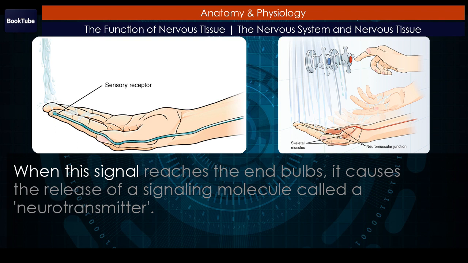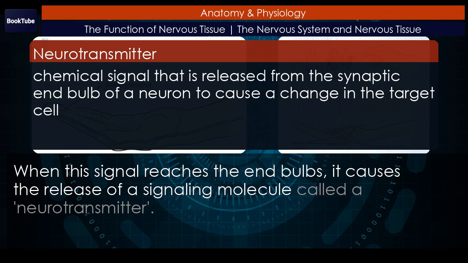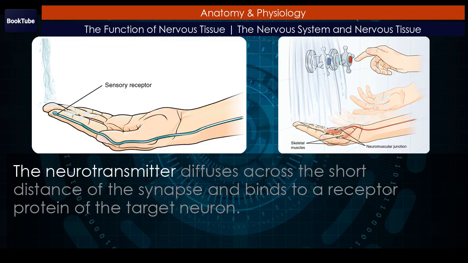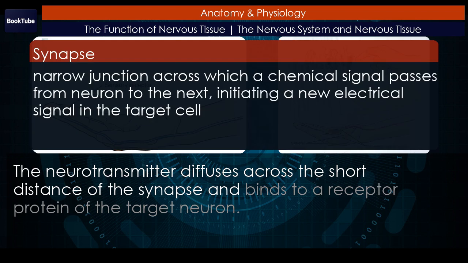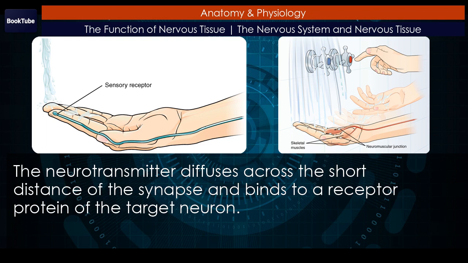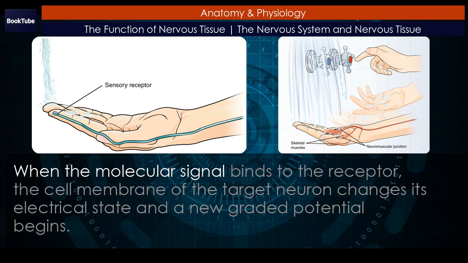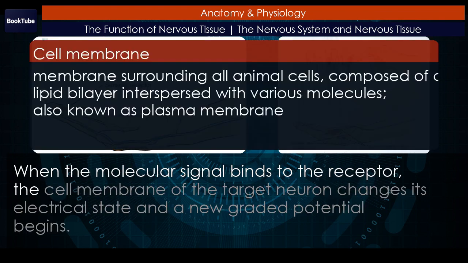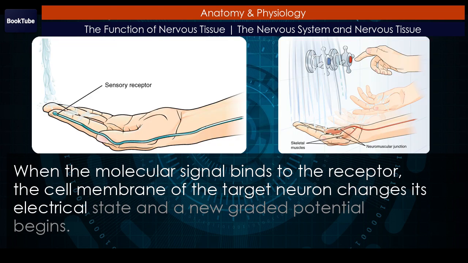When this signal reaches the end bulbs, it causes the release of a signaling molecule called a neurotransmitter. The neurotransmitter diffuses across the short distance of the synapse and binds to a receptor protein of the target neuron. When the molecular signal binds to the receptor, the cell membrane of the target neuron changes its electrical state and a new graded potential begins.